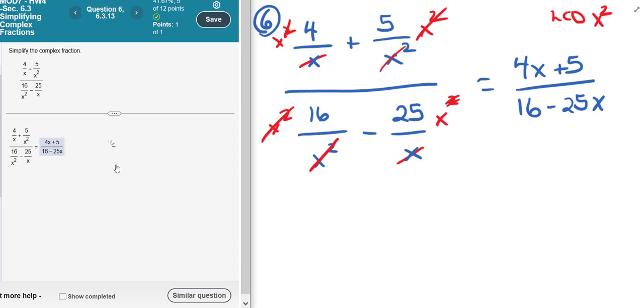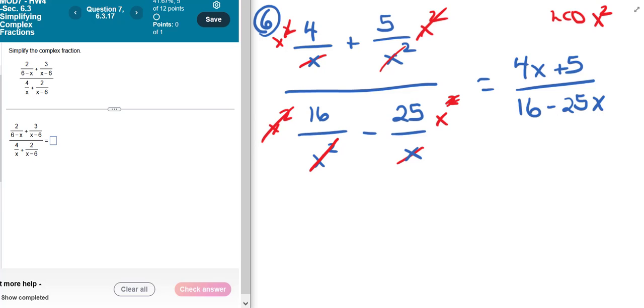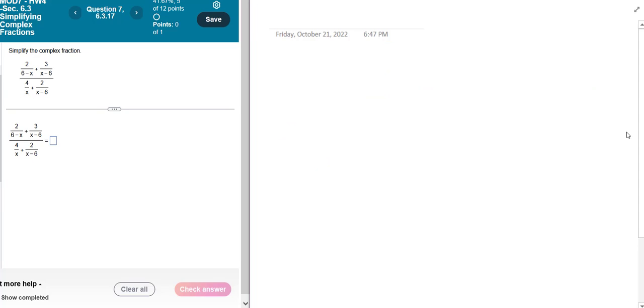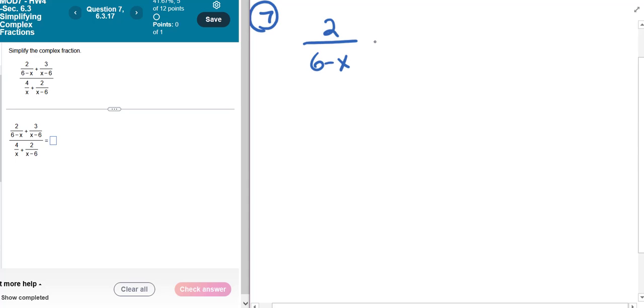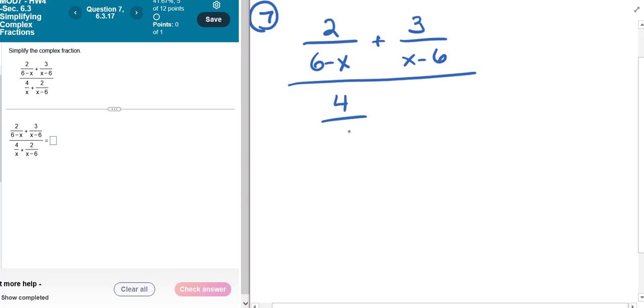Good. All right, we'll try one more. So we have (2 over 6 minus x plus 3 over x minus 6) over (4 over x plus 2 over x minus 6).